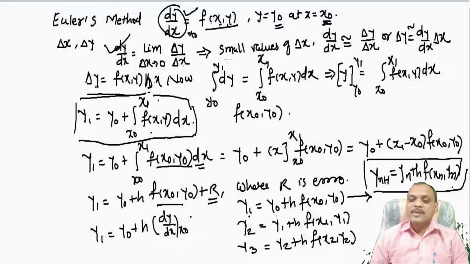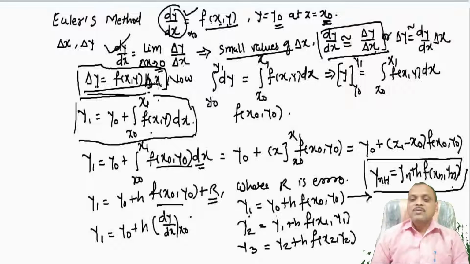For small values of delta x we remove the limit and it becomes approximate, so delta y equal to f of x, y into delta x. We integrated this between the points x0 to x1, where y goes from y0 to y1, and we get the first approximation y1 equal to y0 plus the integration from x0 to x1 of f of x, y into dx.